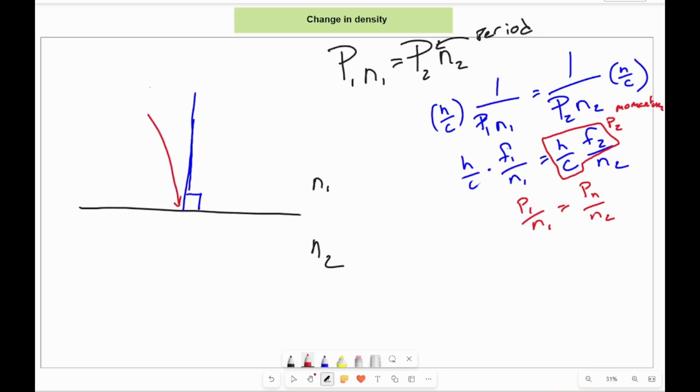That should have been a straight line. So this is P1. This is P2. So then here we have theta 1, theta 2.